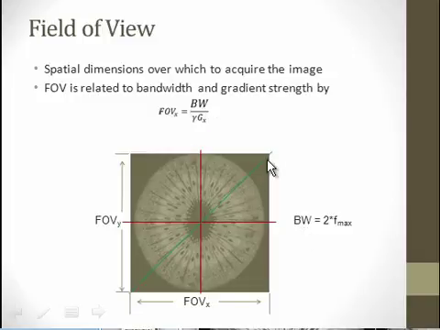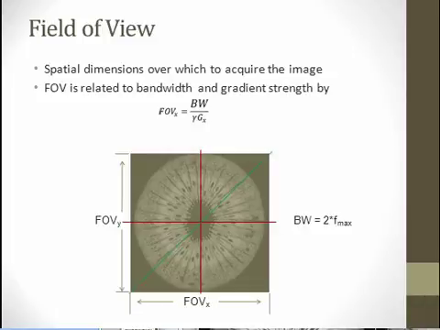Because if you look at the image, remember we made this image using gradients, so we need some gradient to spatially encode the signal. And what's the gradient strength needed to make an image such as an axial slice through a kiwi fruit, which is very small?